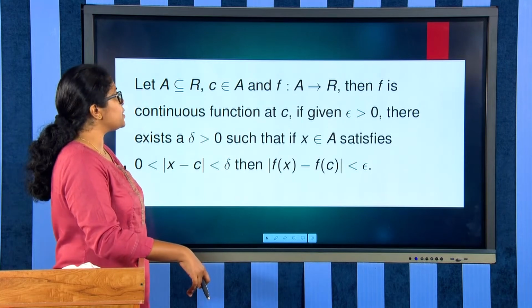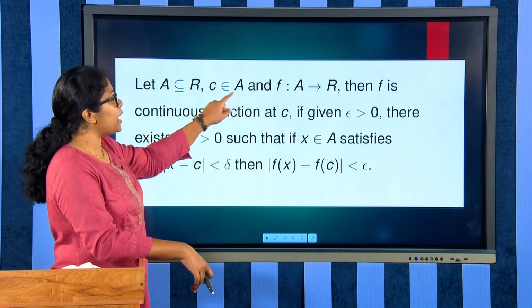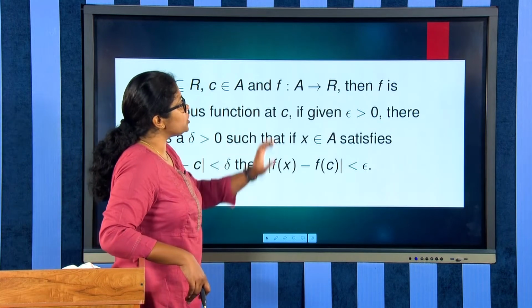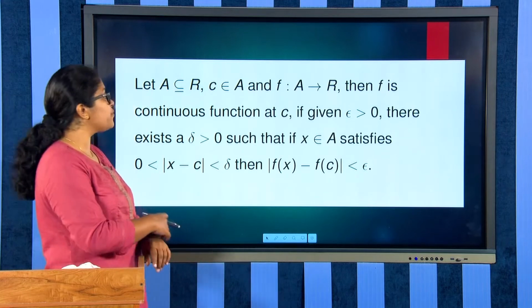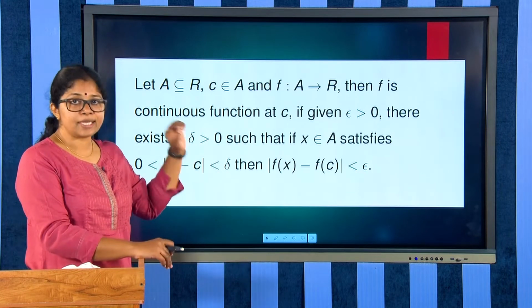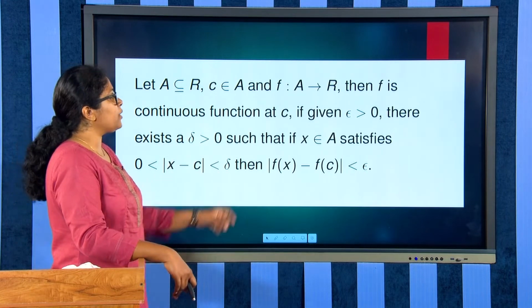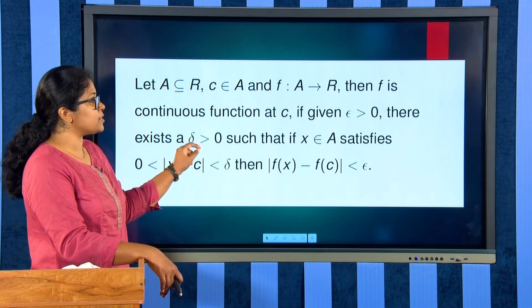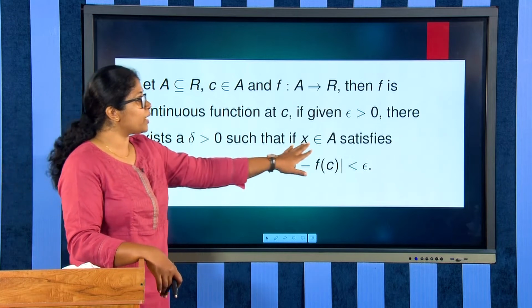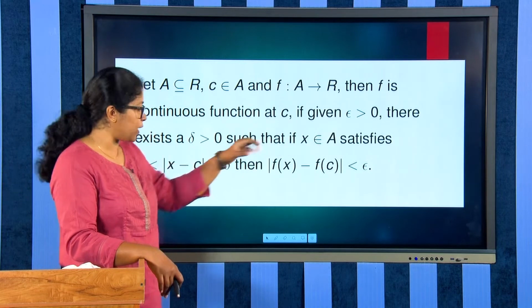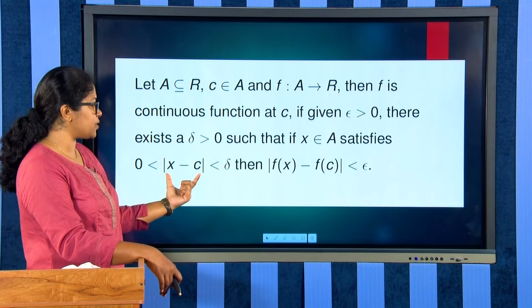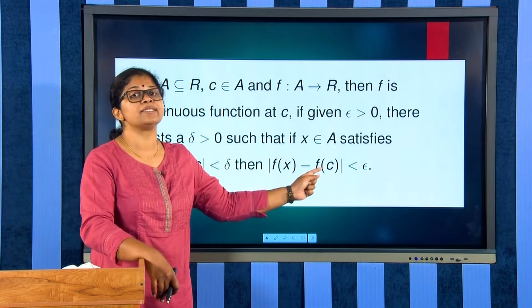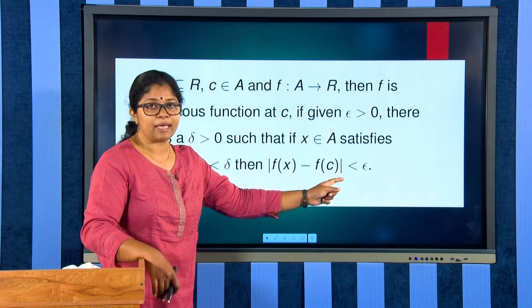Let A be a subset of R and c be any point in the domain A. If f is a function from A to R, f is a continuous function at a particular point c if, given epsilon greater than 0, there exists a delta greater than 0 such that whenever x is an element of A satisfying 0 less than modulus of x minus c less than delta, modulus of f of x minus f of c is less than epsilon.